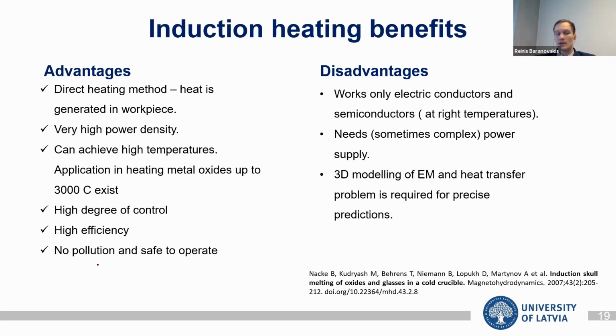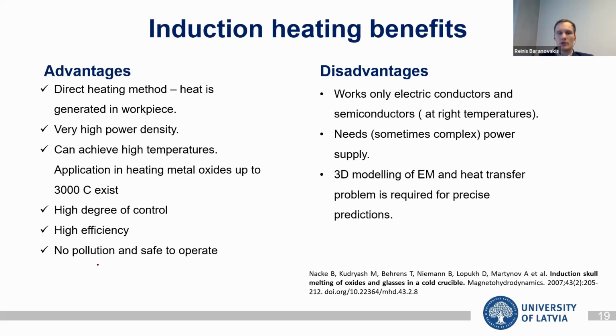But when you can heat the workpiece itself, you can achieve tremendously high temperatures. There exist applications where you heat metals up to 2000 degrees and oxides up to 3000 degrees, for example, zirconium oxides. And at those temperatures, you can get electrical conductivity in the glass and metal oxides, and the world is completely different.